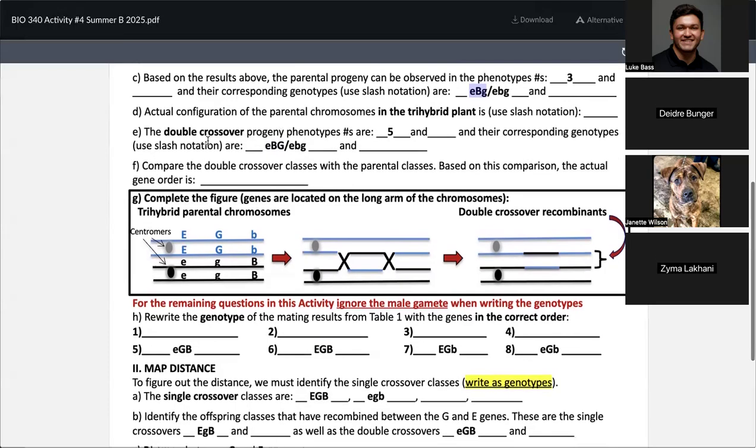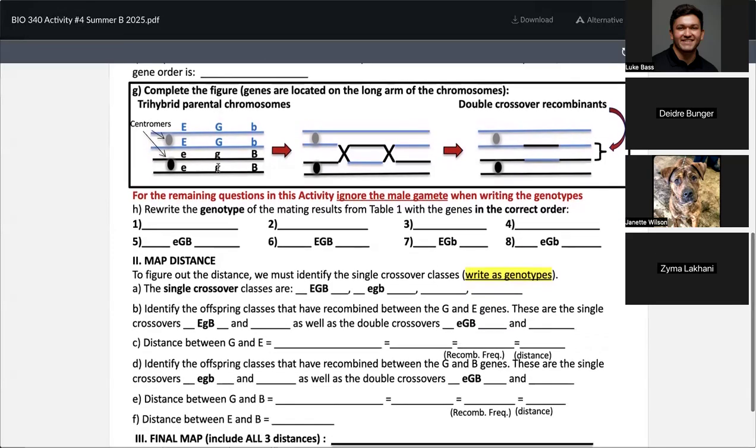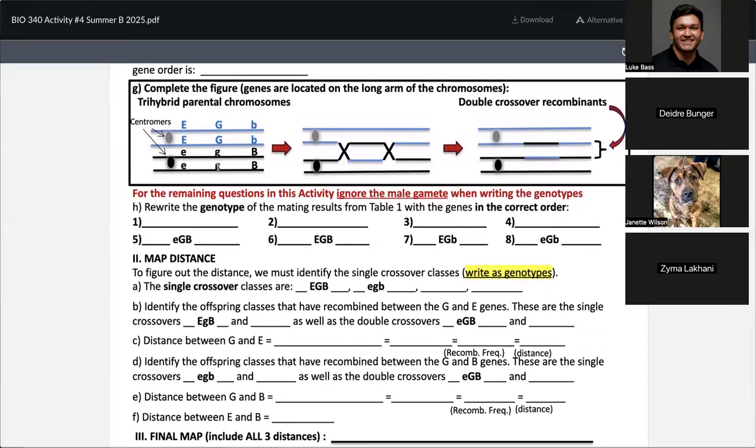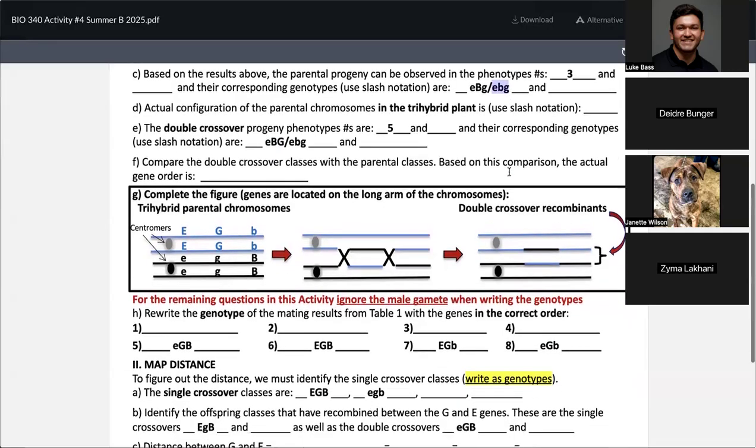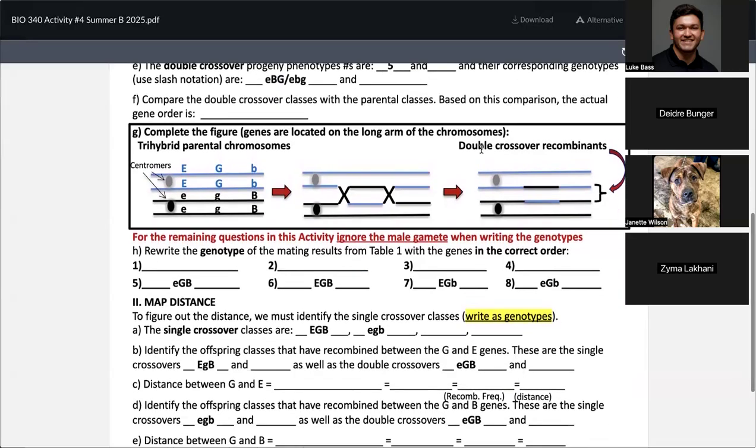Awesome. So after you find the gene order here, you'll go down, and up here I said that anything after the slash notation is just going to be little e, little b, little g. So just to save you from having to write extra e's, b's, and g's down here, you don't have to do slash notation.